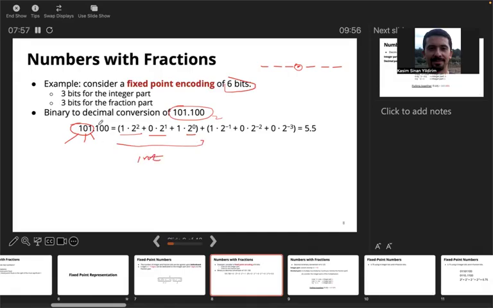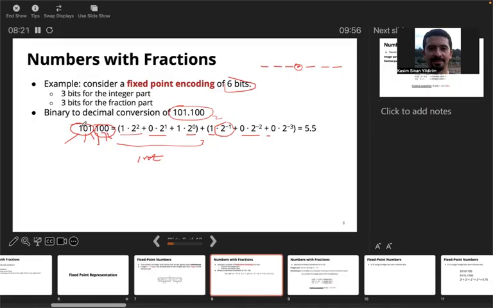Now, what about the fractional part? This first bit will be multiplied by 2 to the power of minus 1. This 0 is multiplied by 2 to the power of minus 2. This 0 is multiplied by 2 to the power of minus 3. Obviously, since these bits are 0, they have no impact.